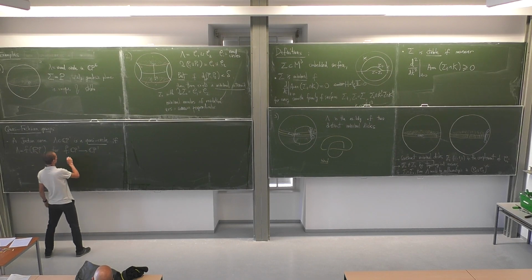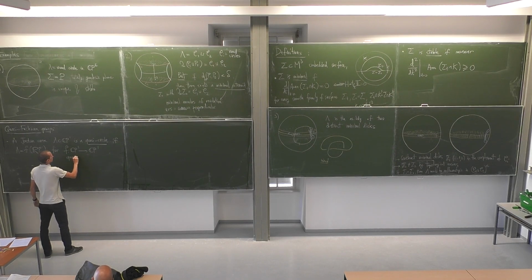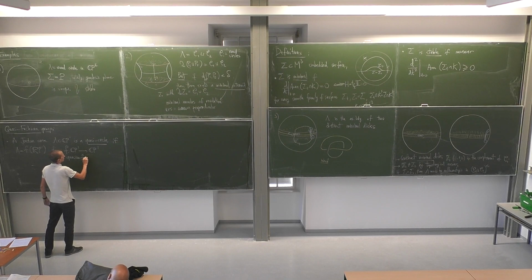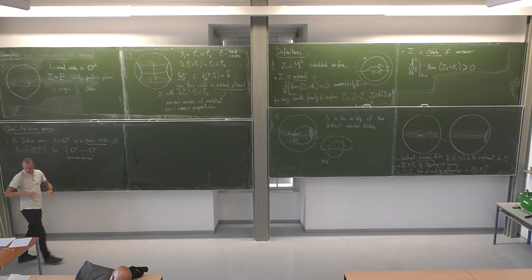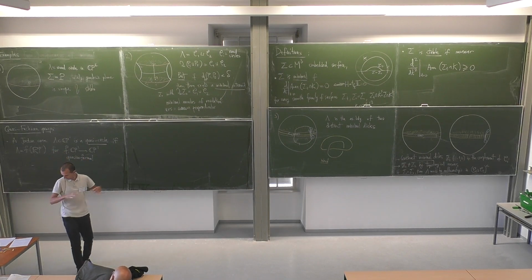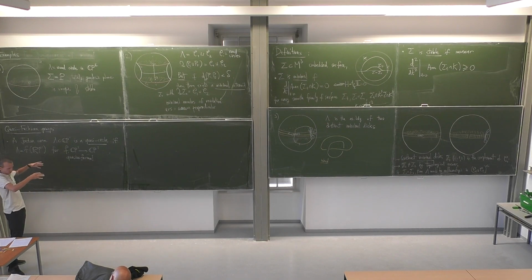Quasi-conformal. So a quasi-conformal map is basically a map that distorts the angle in a controlled way. It's not conformal, but the angle distortion is controlled.